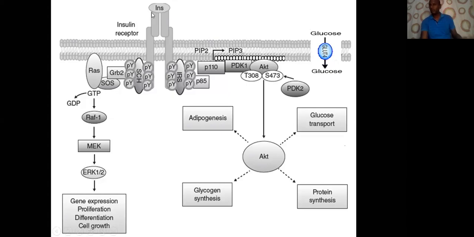Insulin will be there, but it will not be sufficient, or there won't be any receptors. In those two cases, this cascade of reactions will not be initiated, and then glucose will not be transported into the cell for metabolism. Once glucose is not transported, it remains in the plasma itself, and you will have type 2 diabetes.